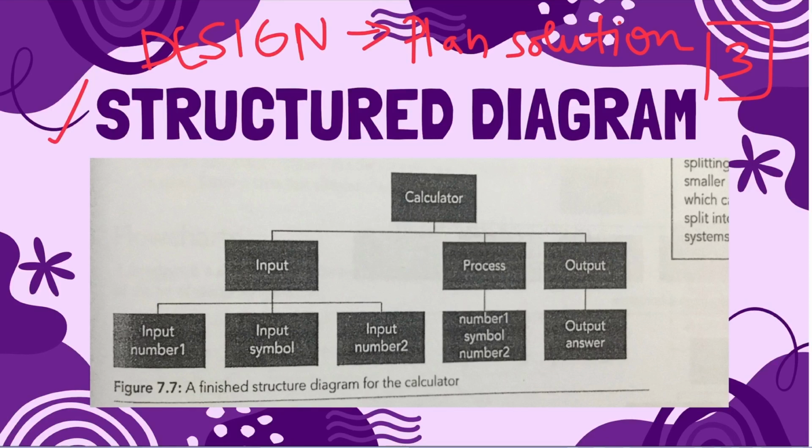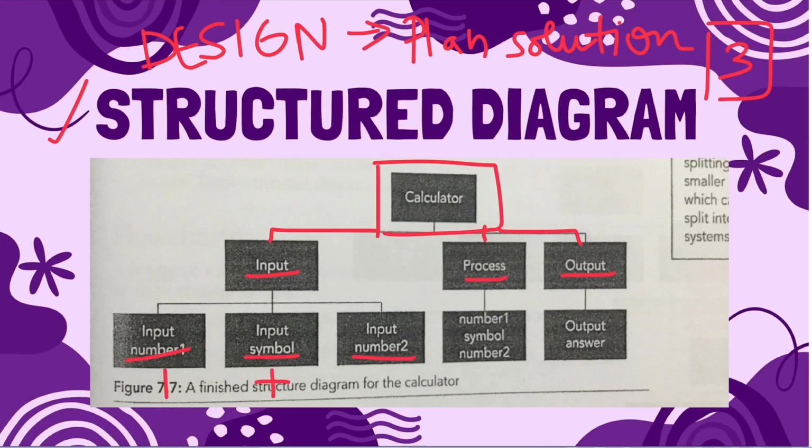So a structured diagram, as you guys can see over here, is a diagram that shows the breakdown of a problem into smaller sub-problems. Okay, so you can see the portion of a calculator over here. How is the calculator made? So the calculator first has an input to be made, then a process, then an output. So for the input you need a number, and then you need a symbol, and then you need the second number.